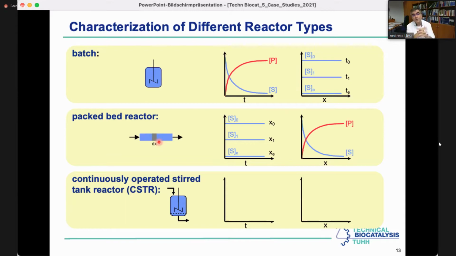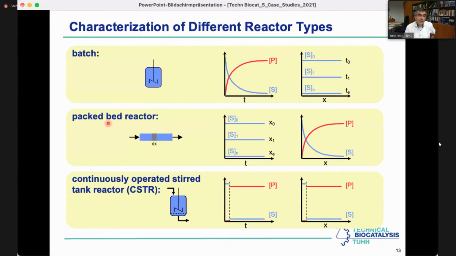And the continuous stirred tank reactor, if you remember, is operating under outflow conditions, always maximum product concentration, minimum starting material concentration, and respectively CSTR operation. Now, we said we want to run the kinetic resolution in a continuous manner.